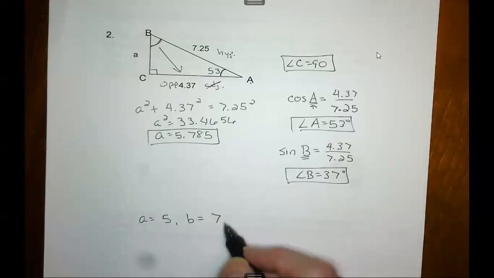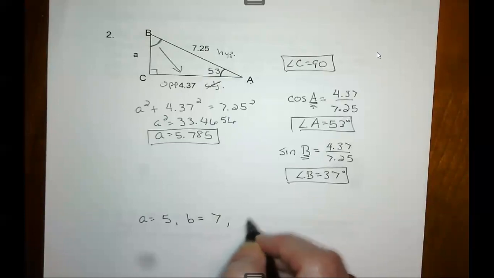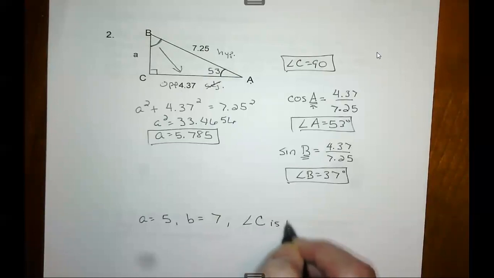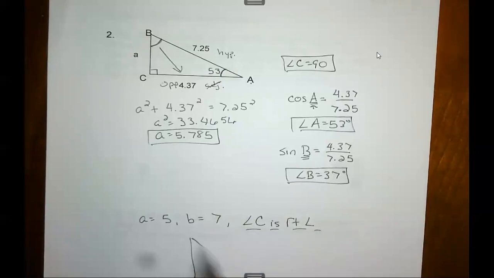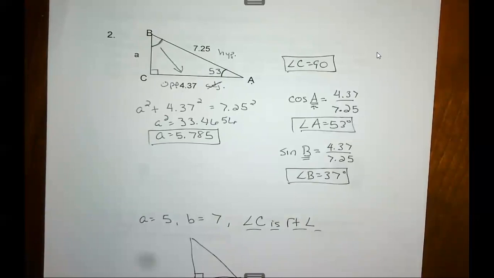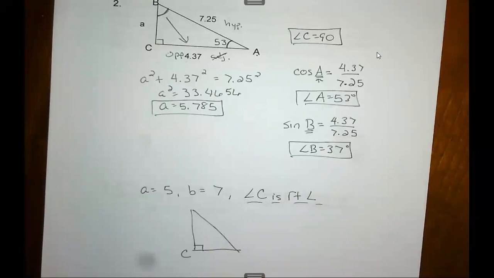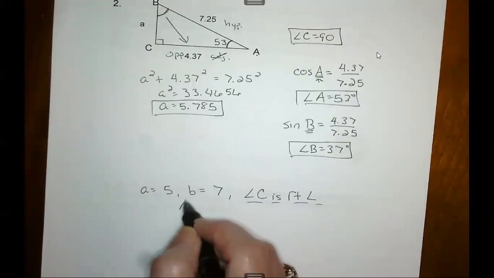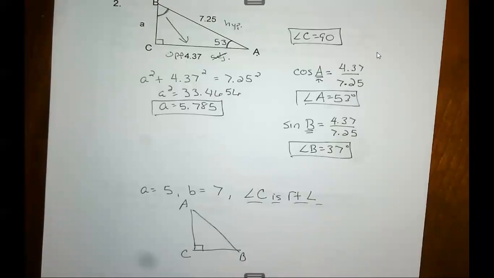But in all of the triangles in that homework section, they tell you that angle C is the right angle, okay? Angle C is the right angle. So draw yourself a right triangle, put the letter C at the right angle, and then you can label either one of these A and B. It really will not matter.